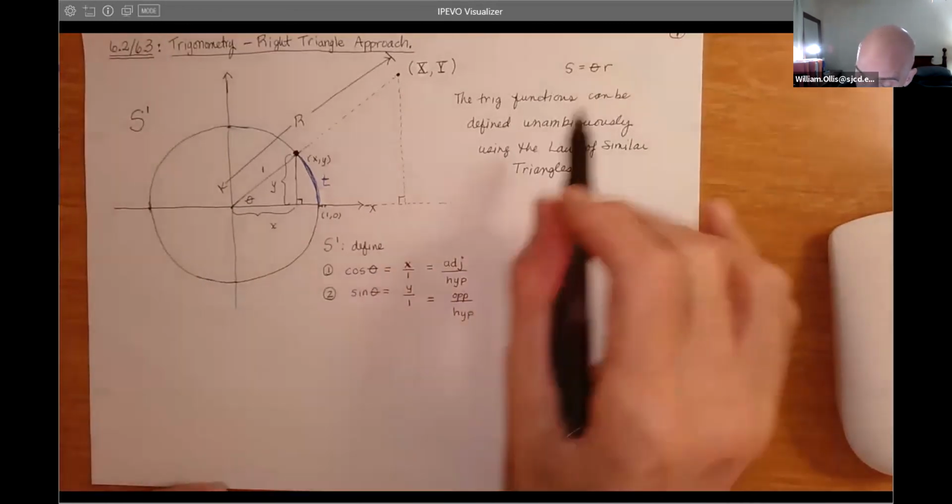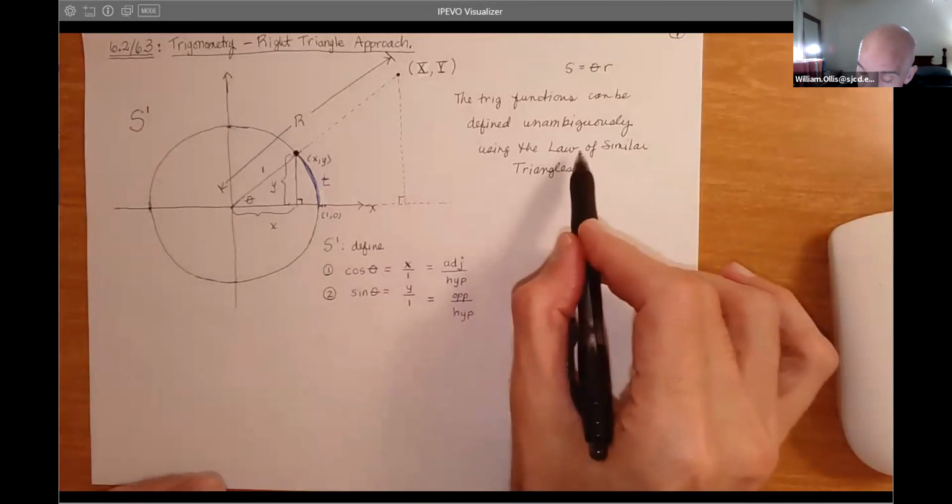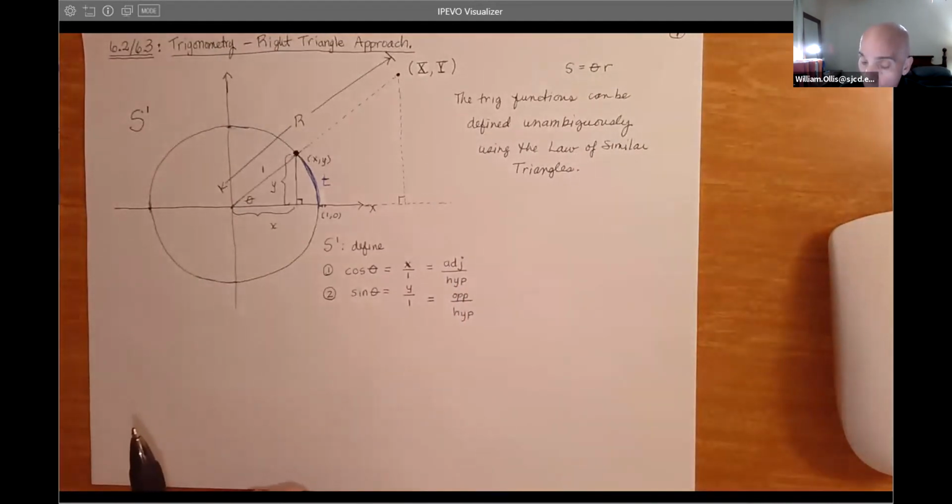Okay, so the trig functions can be defined unambiguously using the law of similar triangles. So that means that how we use the unit circle to find the trig functions is completely consistent. If we extend to right triangles, then how can we do it so it's equivalent to what we have in the unit circle?